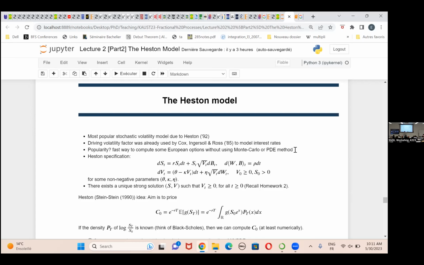You can plug it in here and do the computation without using Monte Carlo. Right? So this is a faster and more exact way to compute these types of quantities without using Monte Carlo simulation.